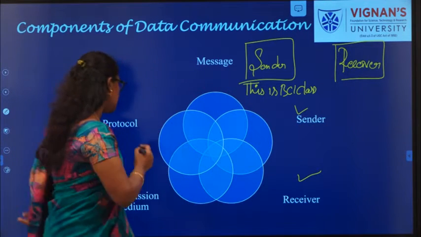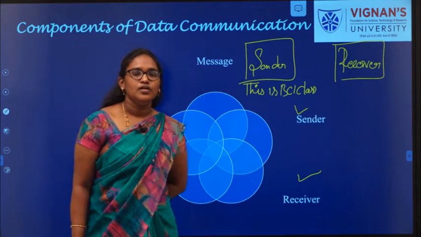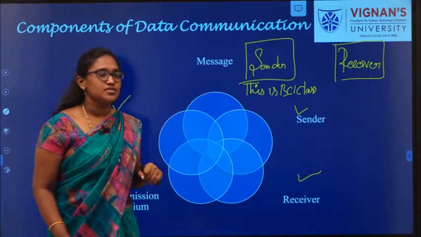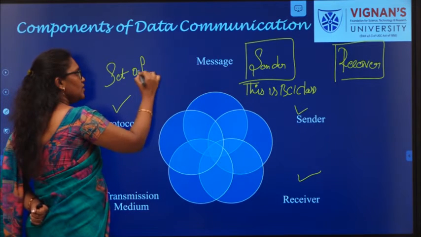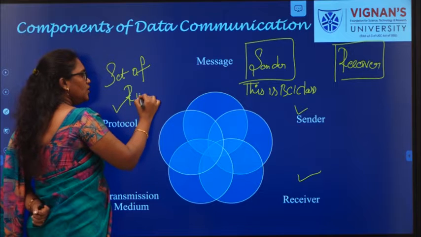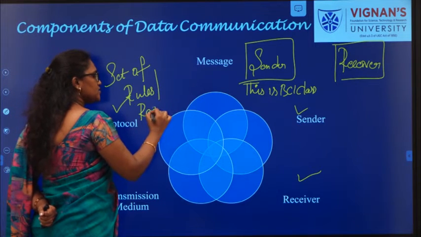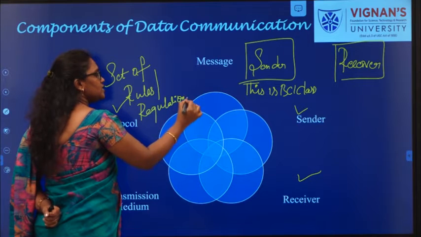Next one is protocol. What is meant by protocol? A basic definition of protocol is a set of rules and regulations.